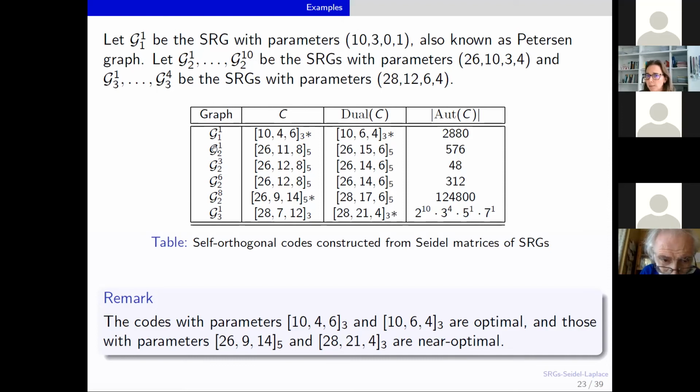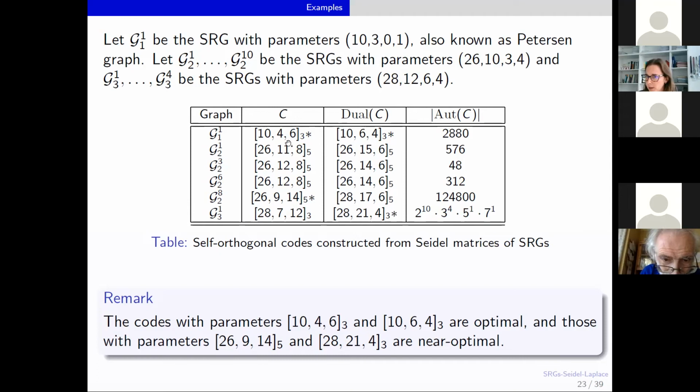So we've taken in this table the Petersen graph, and all graphs with parameters 26, 10, 3, 4. It is known that there are 10 non-isomorphic strongly regular graphs with these parameters. Their parameters are suitable for obtaining self-orthogonal codes, and in this table you can see what we obtained.